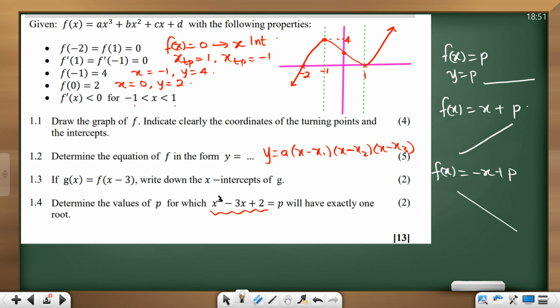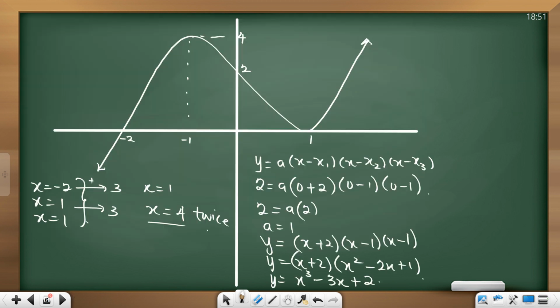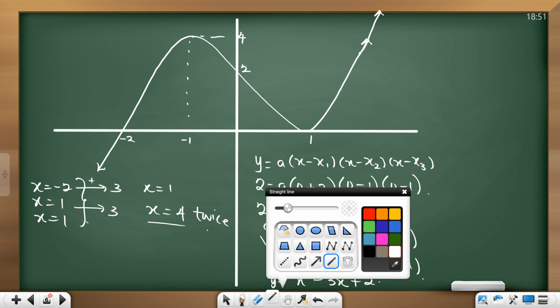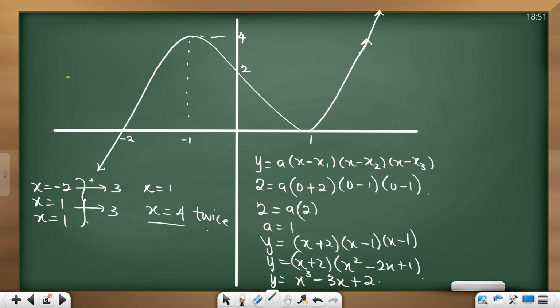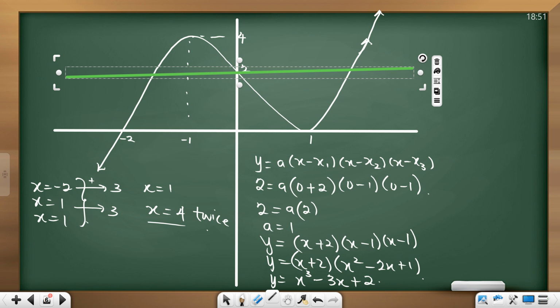Once. Where will it touch this graph? Once. Let's rule that. That ruler. How many times is it touching the graph? This one, 3. So this is talking about what? 3 roots.